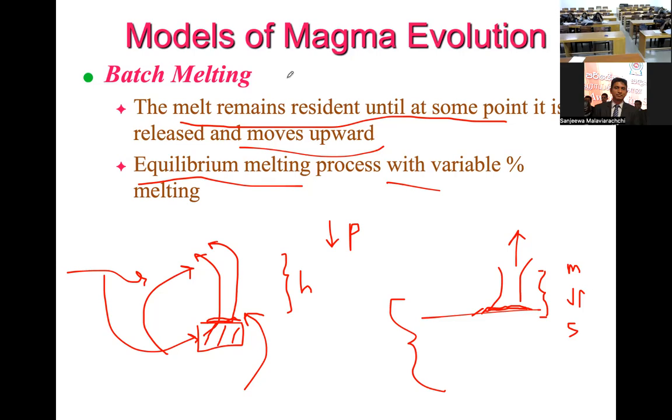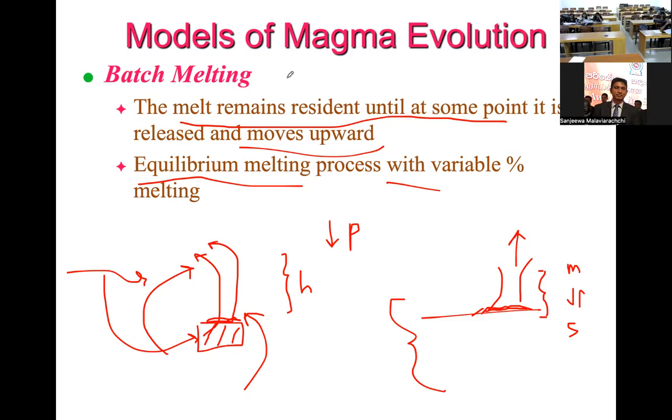Therefore we cannot get the pristine composition of the mantle. That means the real composition of the mantle we cannot derive from such samples. So that's a big challenge for igneous petrology, especially for mantle petrology.